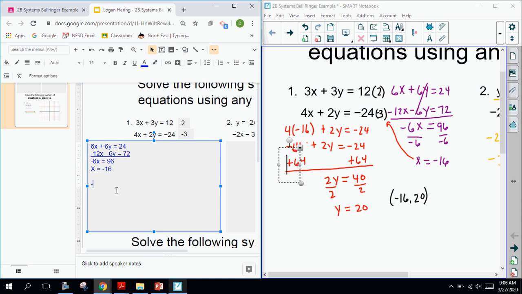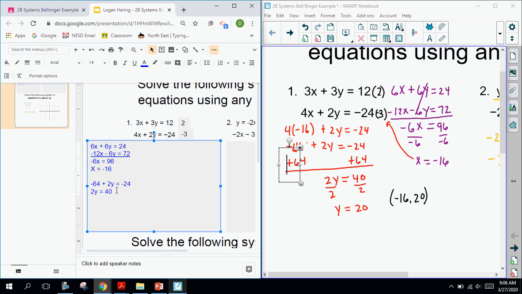So here we go. We got -64 plus 2y, and this is equal to a -24. Enter. We added the 64 to both sides, so we ended up with 2y, and that is equal to 40.